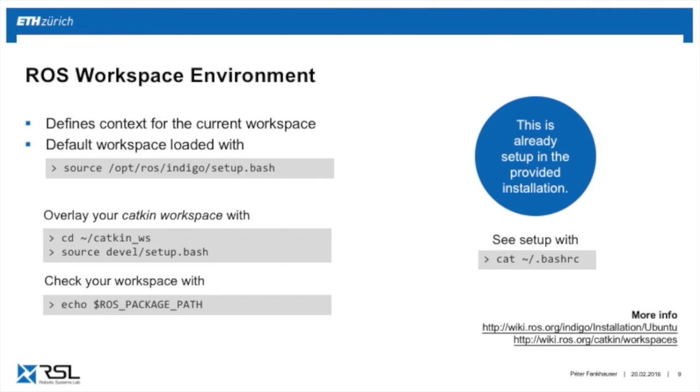And by default, whenever you open a console, we load the standard workspace of your Catkin environment on the virtual machine that we provided you, with this command. You can check the environment with this command, and you can also see how we set up your PC with this command. So this is already set up. This is only for future reference, in case you want to install your own PC.